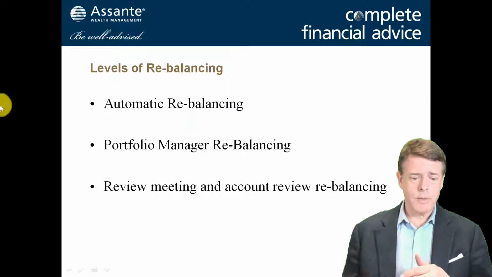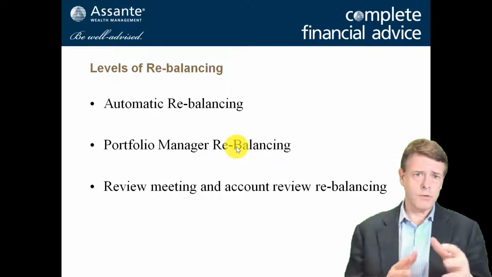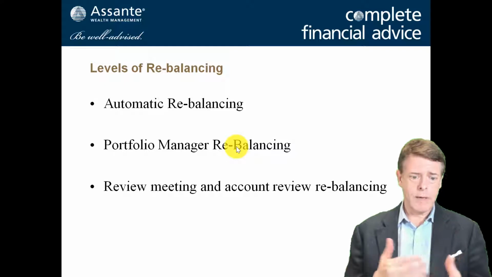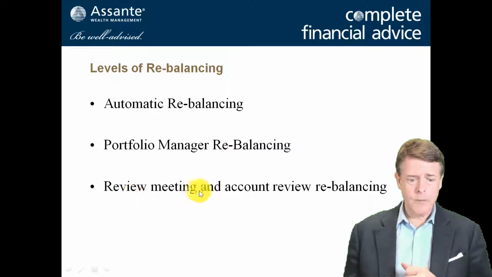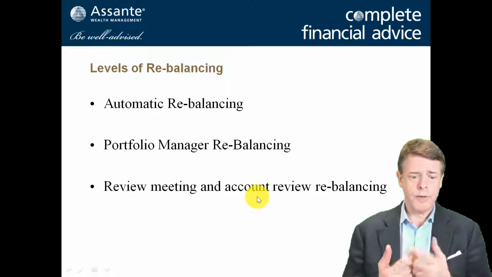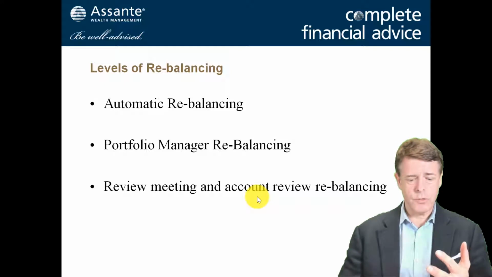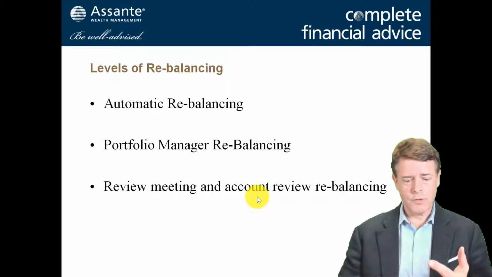The next level of rebalancing typically might be portfolio manager rebalancing, where the manager will look at different stocks, sectors, and country allocations, and rebalance within their own mandate for a portfolio. And then there are review meetings and account reviews, which I would do as a wealth planning advisor, retirement coach. I would sit down with clients. Are there changes to their family circumstances, changes to their goals?